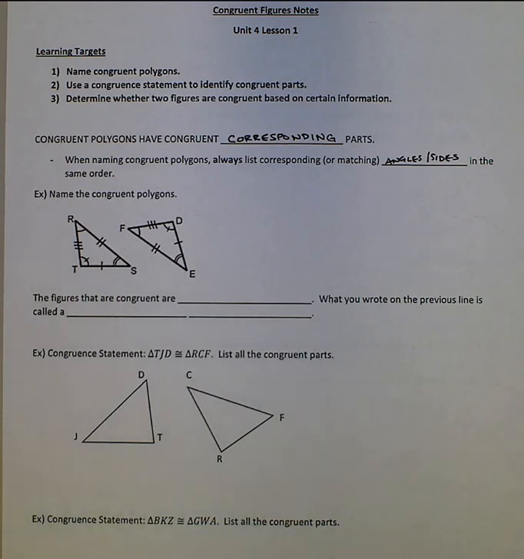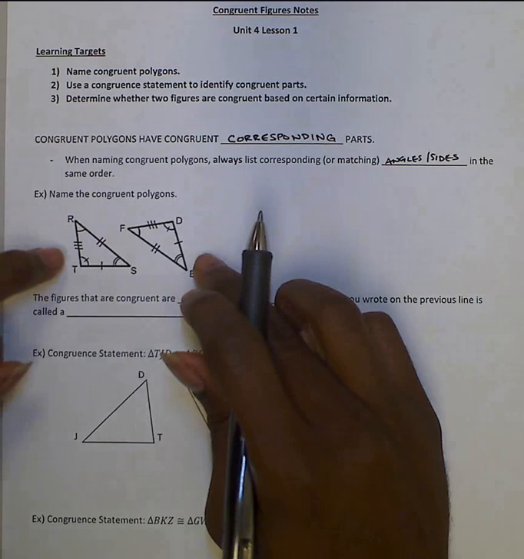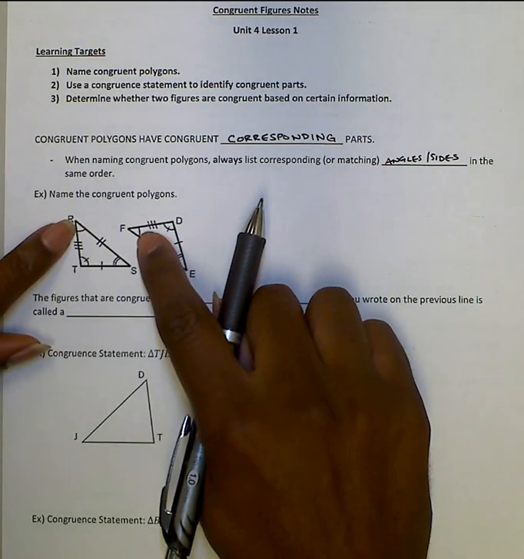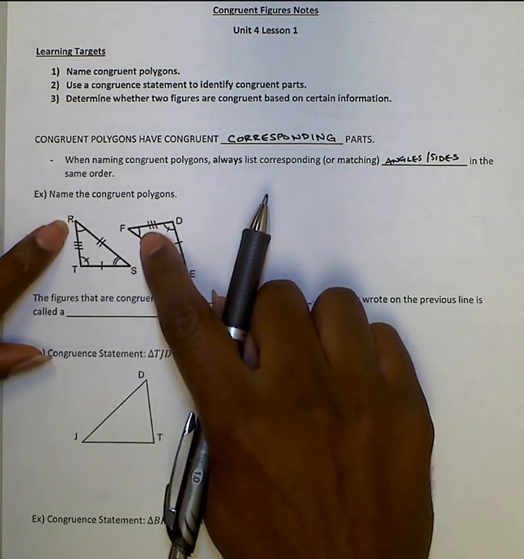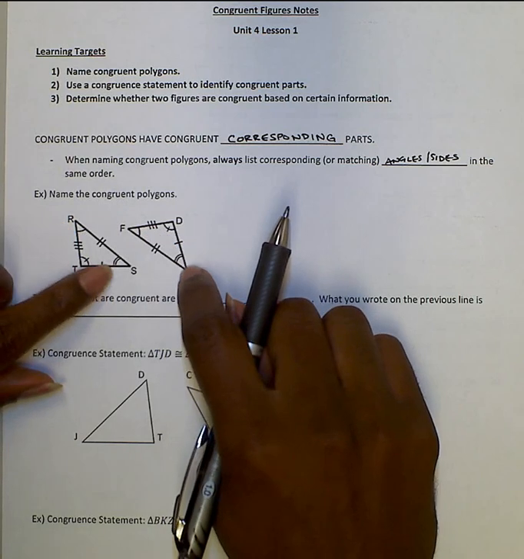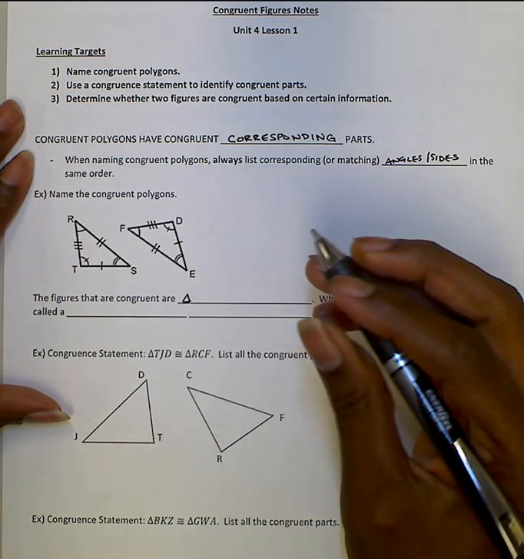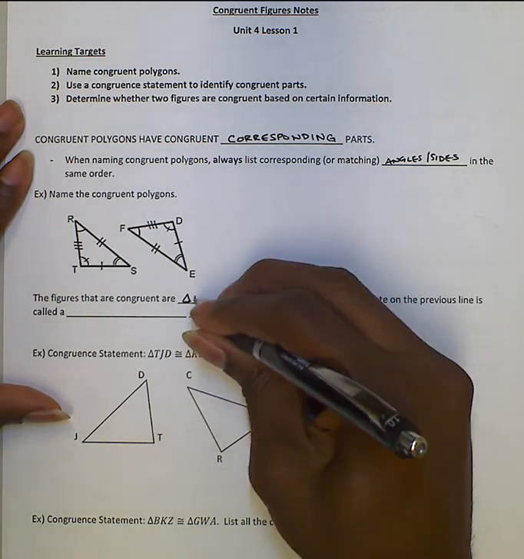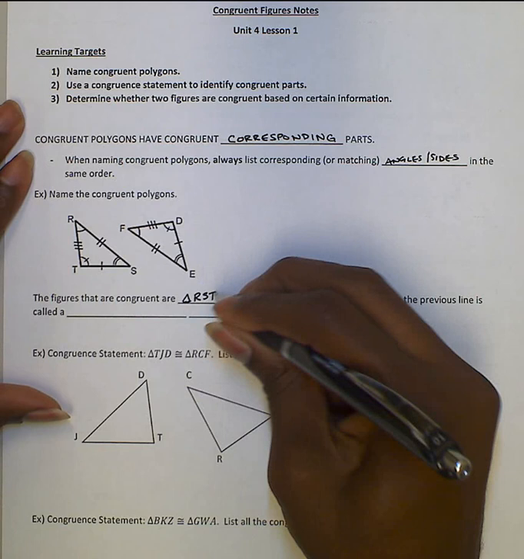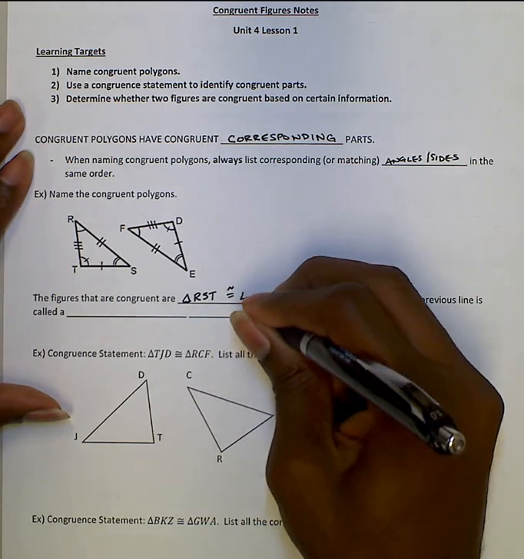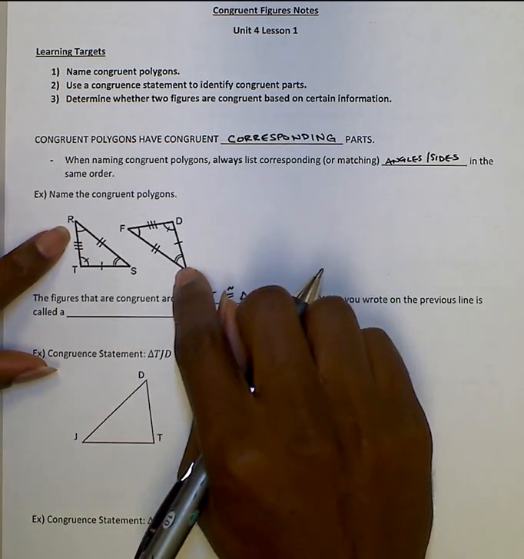So here, if we're looking at this figure, remember the angle arcs and the dashes in the sides indicate that angles and sides are congruent. So here we can say that triangle RST is congruent to triangle. And then what I'm going to do is just make sure that I match my markings.